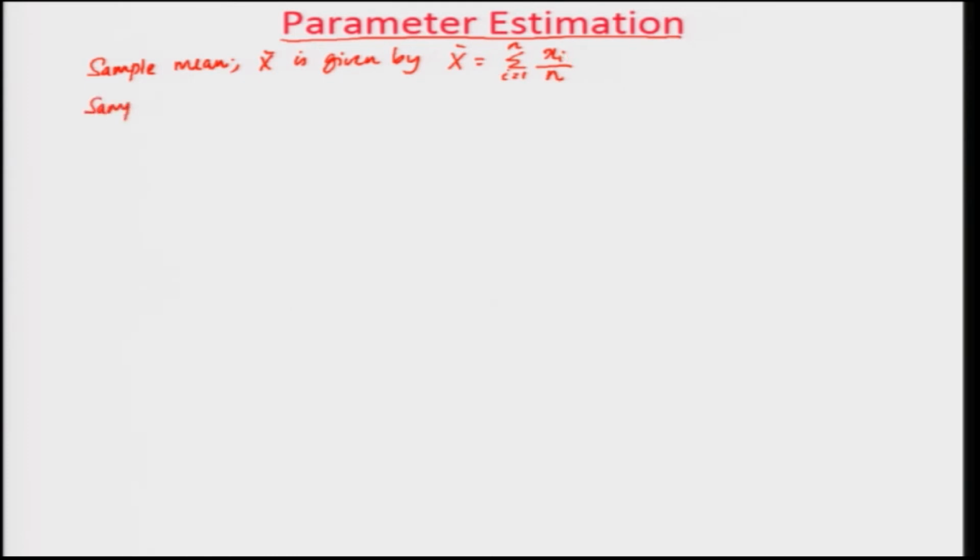Similarly, the sample variance, S square, is given by S square equals sigma i equals 1 to n of x i square minus n x bar square, divided by n minus 1. That is one option you can use.